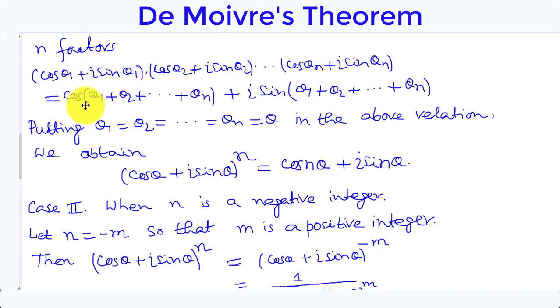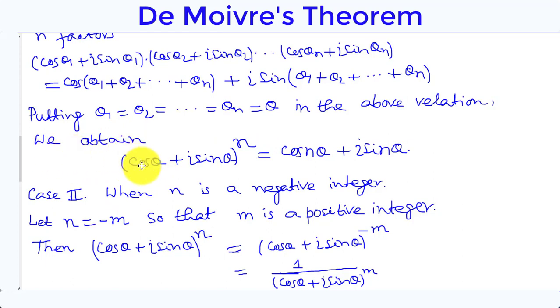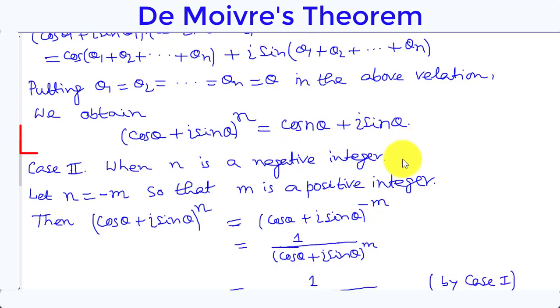This is equal to cos of (theta plus theta plus theta up to n times) plus i times sine of (theta plus theta plus theta up to n times). So we obtain (cos theta plus i sin theta) whole raised to the power n is equal to cos n theta plus i sin n theta.